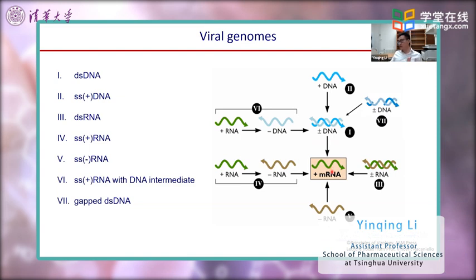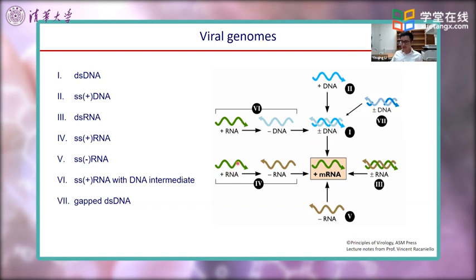For example, the genome of a virus can be a positive strand RNA, and in this case its genome has the same sequence as the messenger RNA. But when the virus needs to reproduce itself, it first has to turn into a negative strand RNA, the complementary sequence of its genome, and then the complementary sequence can serve as a template to produce many, many copies of its own genome. There are all other forms of viral genomes, and we're not going to touch on them today.